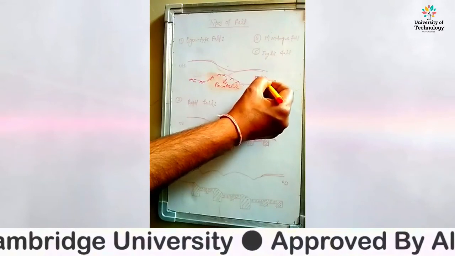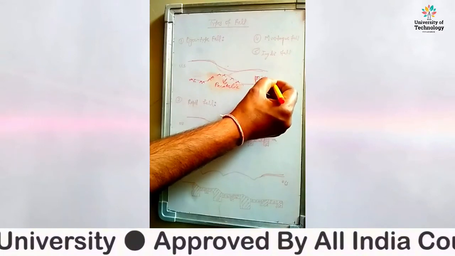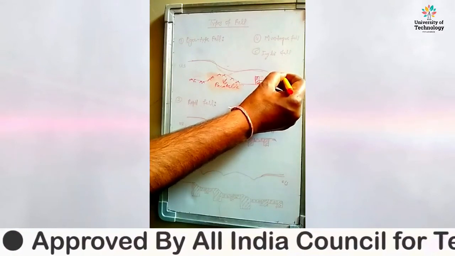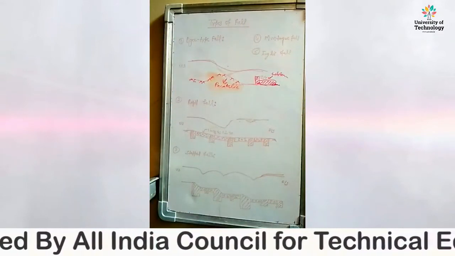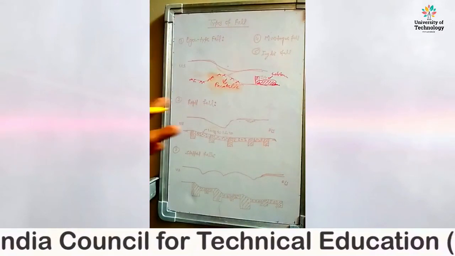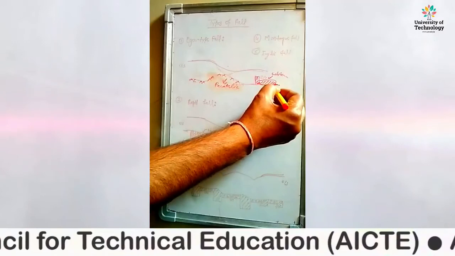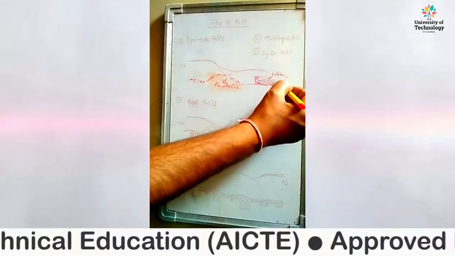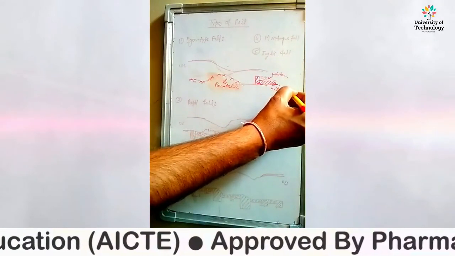After this, a cistern is provided here, so energy dissipation takes place in this English type fall.